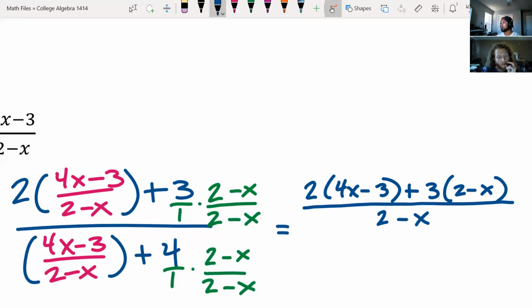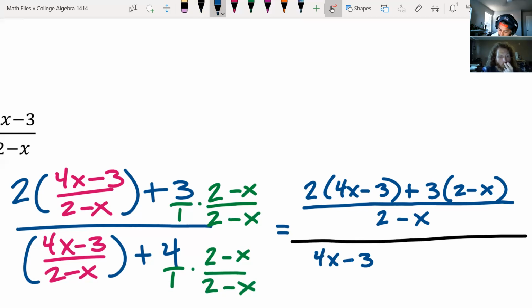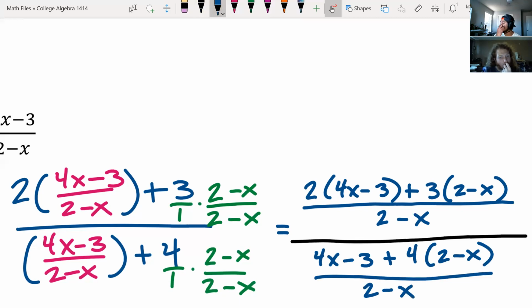This is everything that's in the numerator. Since we got a common denominator, we can put the numerators together. And this is all over (4x minus 3) plus 4 times (2 minus x), over 2 minus x. So we've just got common denominators and put the numerators together, in the numerator and in the denominator.